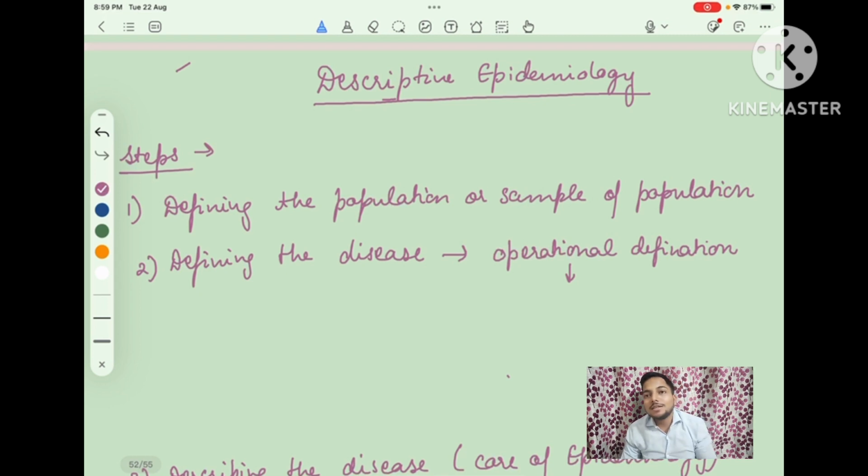Now, for defining the disease, this does not mean the scientific definition that we used to give to describe what a particular disease is.